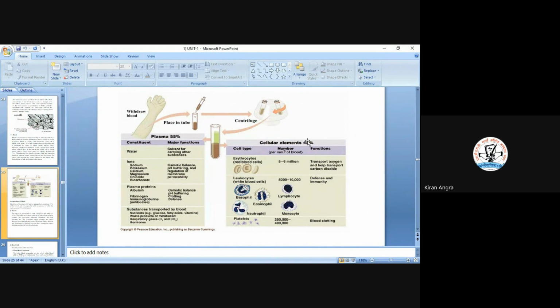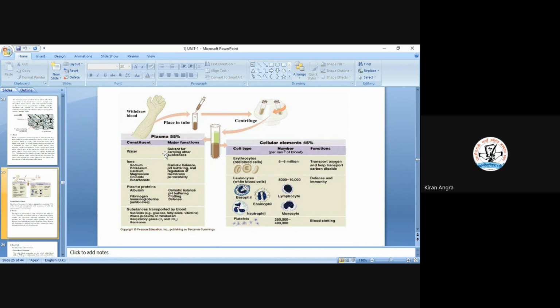The plasma is composed of water, almost 90 to 92%, and there are solids in the plasma, that is 8 to 10%.